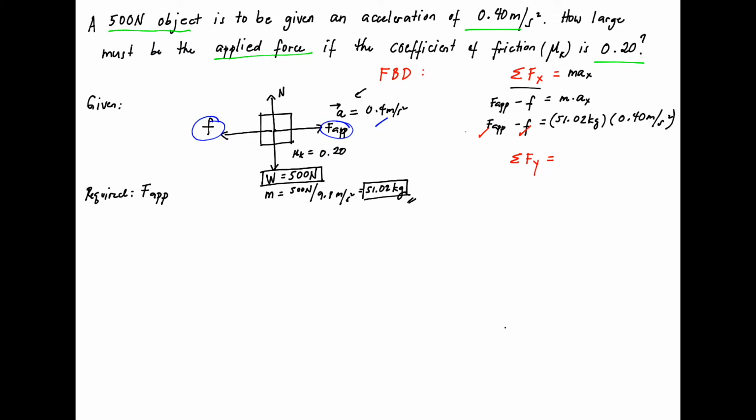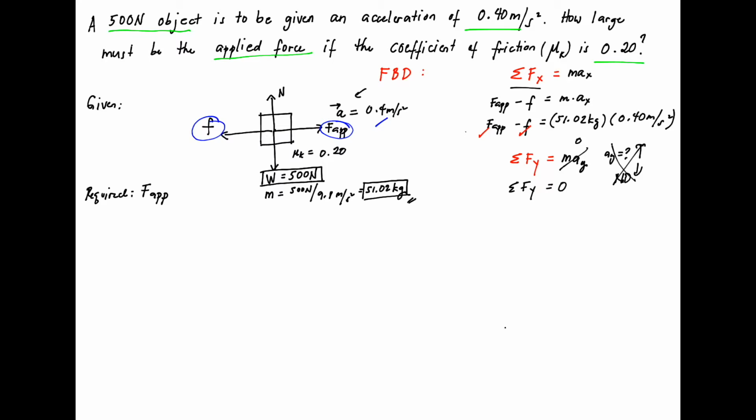Let's write now the summation of Fy. We have here the mass multiplied in the acceleration in the y-axis. However, do we have the value of Ay? Is the box moving up or down? Simply it is no. So therefore, your Ay is 0. So we can say that the summation of Fy is 0.